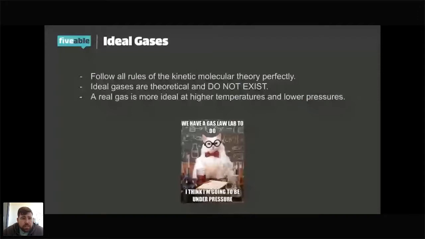At higher temperatures, they have a huge amount of kinetic energy, so they are able to transfer their energy between them. And last but not least, real gases tend to be small and nonpolar. Helium is considered the most ideal gas on the periodic table, and it behaves the most ideally. But even so, remember, it behaves even more ideally at higher temperatures and lower pressures.